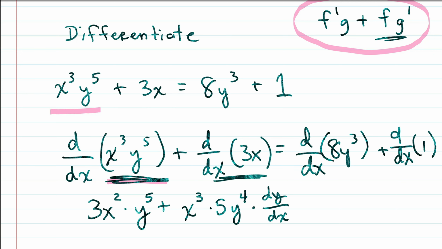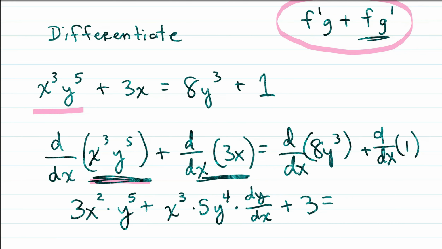Now we go on to the next one, the derivative of 3x with respect to x, no problem there, is just 3. The derivative here of 8y to the third. So on this one, we take a look at that. The 8 can be pulled out as the coefficient, so we can take the derivative of y to the third.